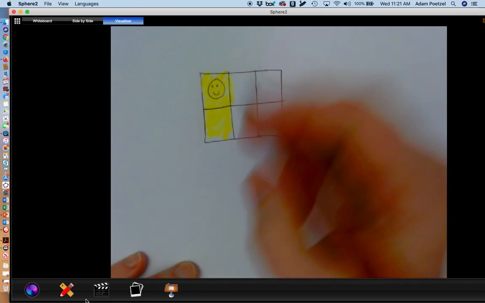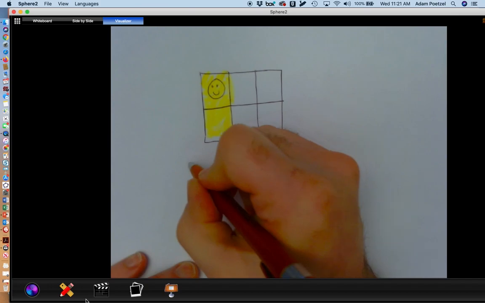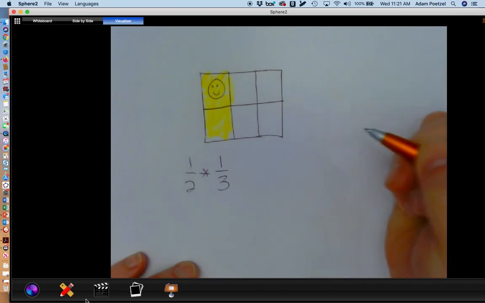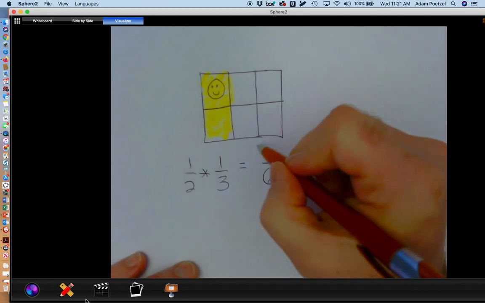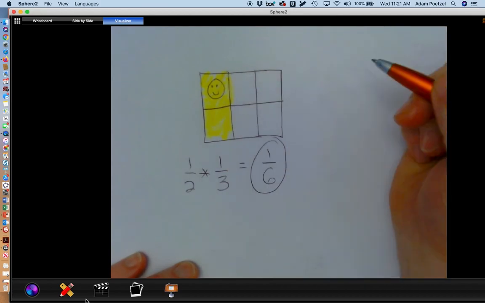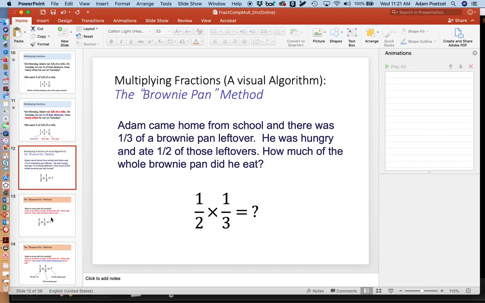We started with 1/3 of a pan left over. I ate half of the 1/3, and the visual shows us that in the end, I had 1/6 of the whole pan. Again, going back to our meanings, let's take a look.